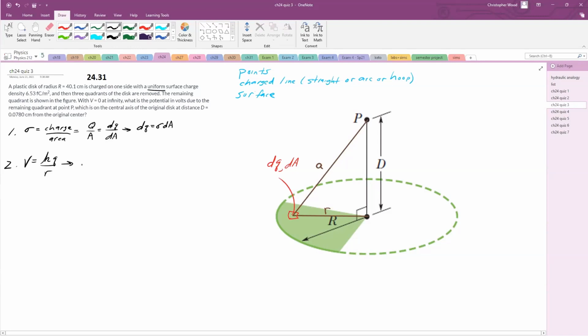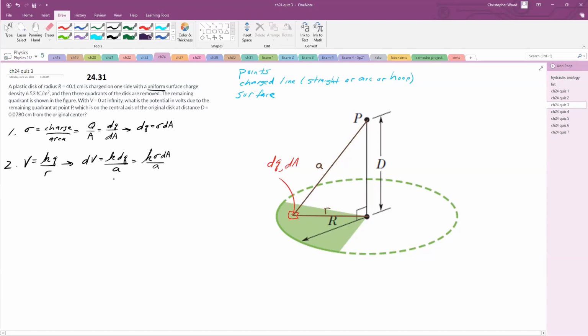So I'm going to call this dV, the voltage due to an infinitesimally small source charge named dQ, all over, in this case, what's the distance between Probert and that patch? It's a. So this equals K sigma dA all over little a.